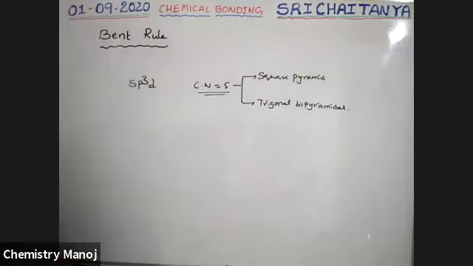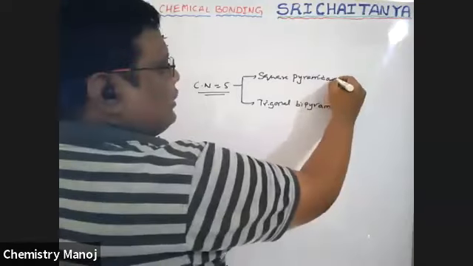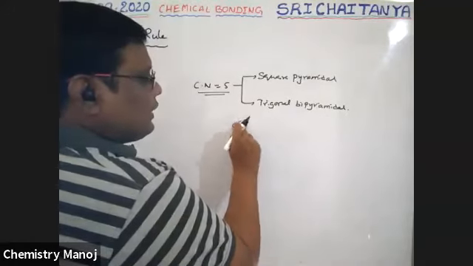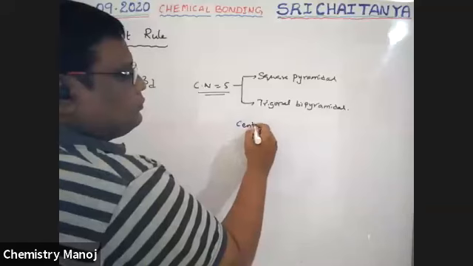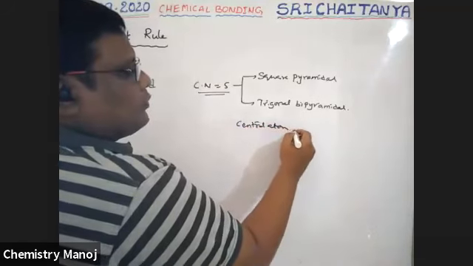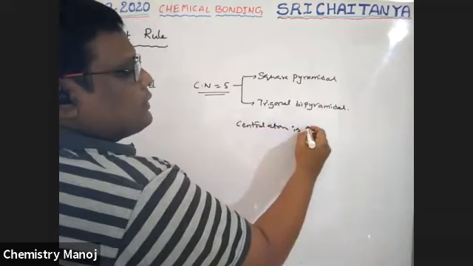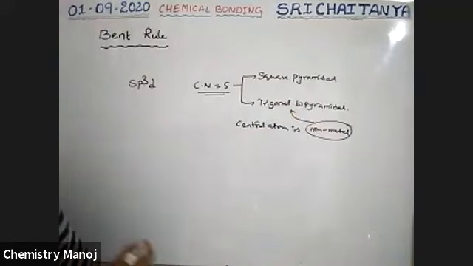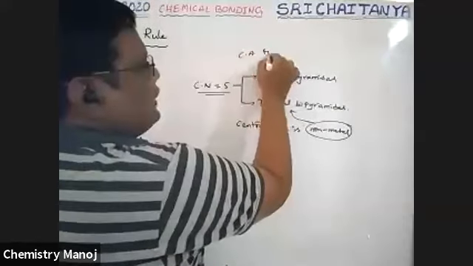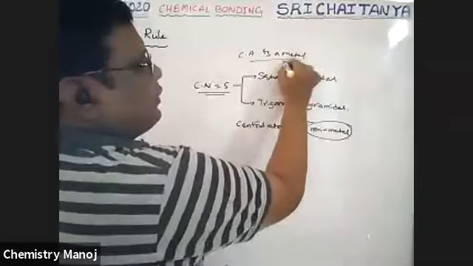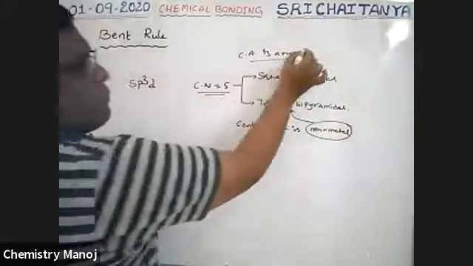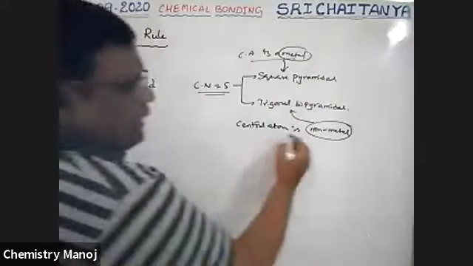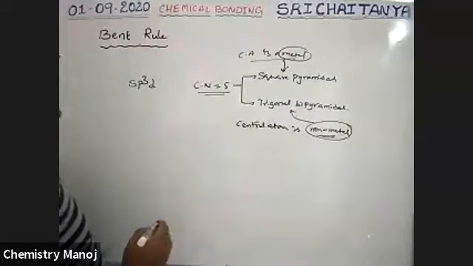These are the two possible structures for us. If the central atom is a non-metal, it follows trigonal bipyramidal structure. If the central atom is a metal, it follows square pyramid structure.